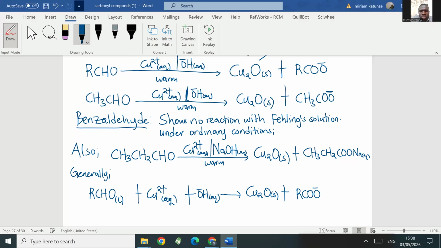Don't include the sodium if we've used the hydroxide ions. I think there is also water.